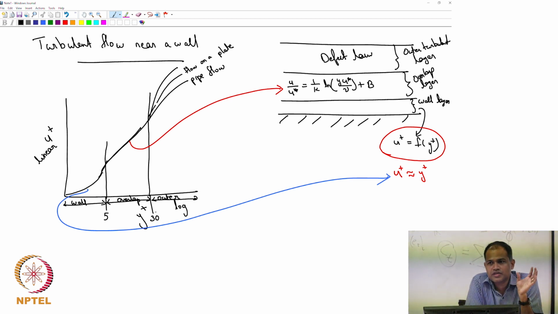Up to y plus of 5, u plus equal to y plus is a good approximation, and from y plus of 5 to 30, u plus goes approximately as the logarithm of y plus. Beyond that, neither of these two laws is okay, and you will start seeing different profiles.